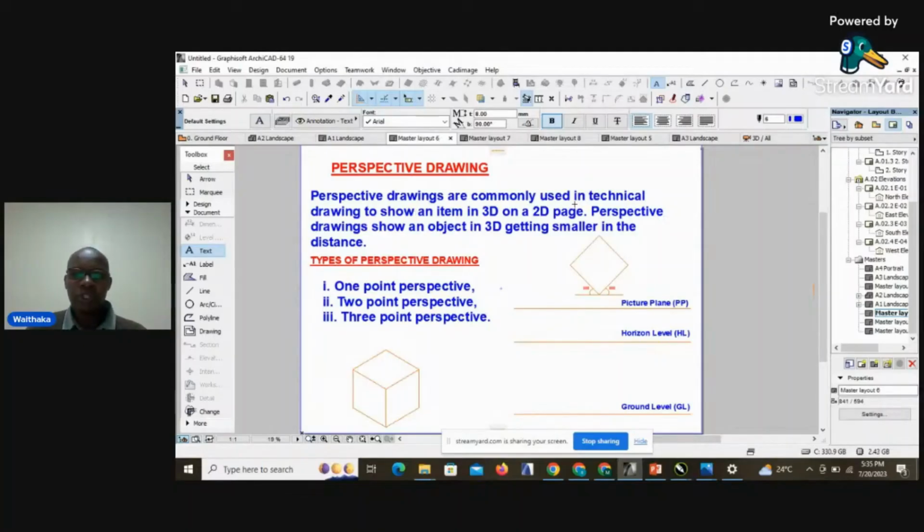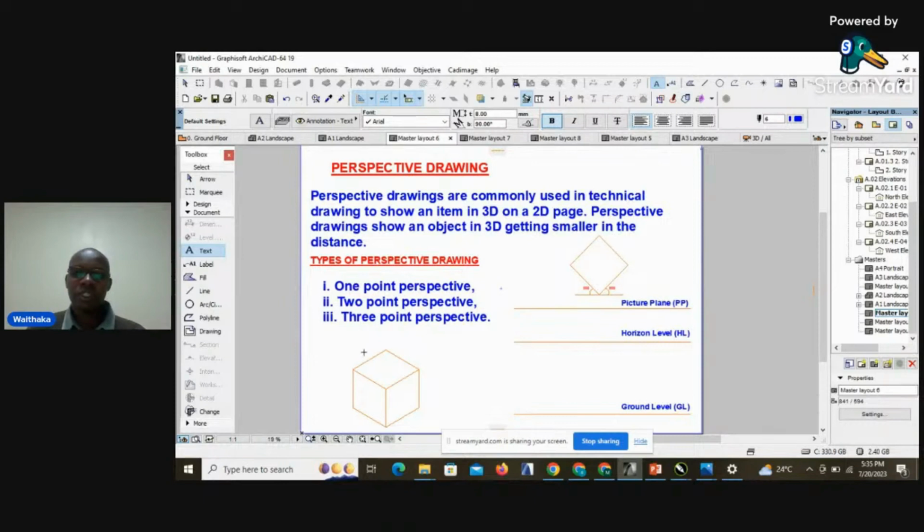Perspective drawings are commonly used in technical drawing to show an item in 3D on a 2D page. So we'll be showing an item in three dimensions, but of course on a 2D platform or page. Therefore, perspective drawings show an object in 3D getting smaller in the distance.